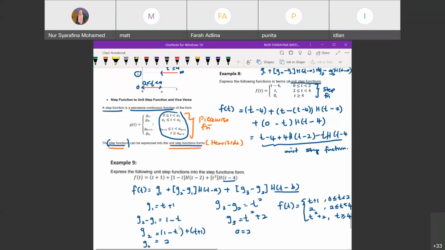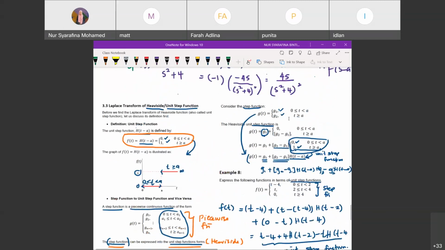You need to know this process first before we can transform from step function to unit step function, or from unit step function to step function. All right, clear now? So the idea here is to use this formula, where this formula comes from here, how we convert one by one.